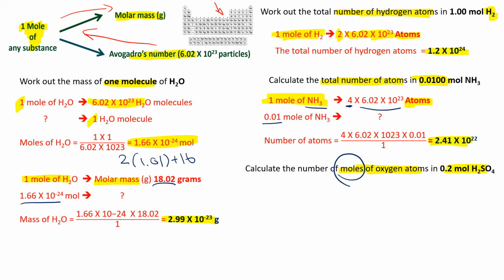We were using Avogadro's constant in the previous problems because we were asked to calculate the total number of atoms. But if we would like to calculate the number of moles, we just count without considering Avogadro's number. Let's check it out. 1 mole H2SO4, how many oxygen atoms? 4 moles of oxygen atoms.